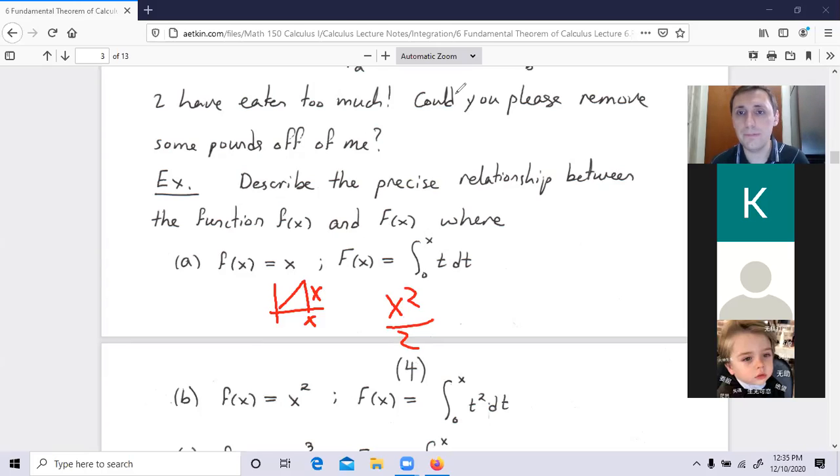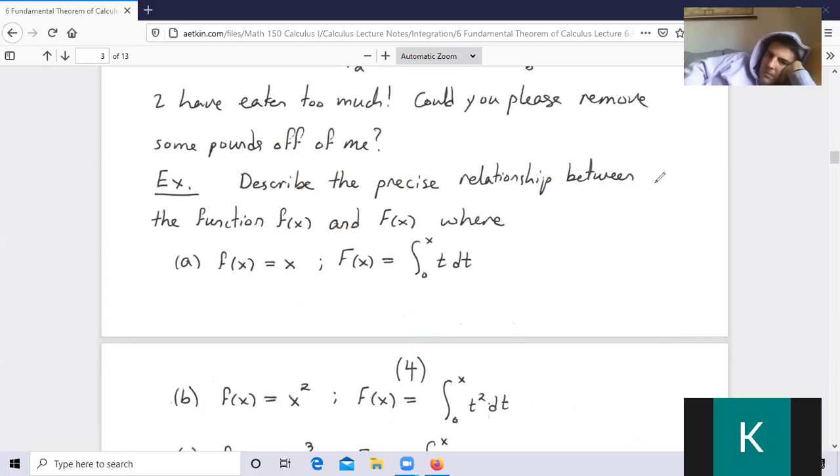Are you with me? Do you understand that even without any calculation, I can make this cake function very simple? It's x squared over 2. And what's the relationship? X squared over 2, what's the relationship with x?